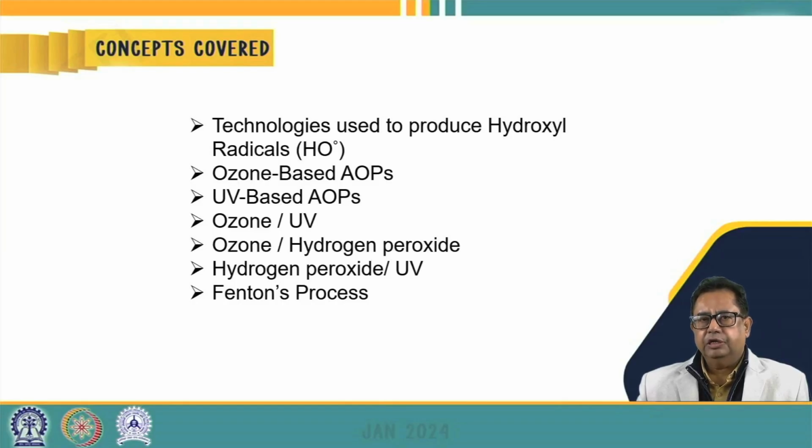So, these dot OH radicals will not only degrade the compounds of interest, but they will also degrade the compounds which are causing the BOD or COD in the wastewater. So, dot OH radical production can lead to the destruction of the organic compounds which are present in the wastewater indiscriminately.